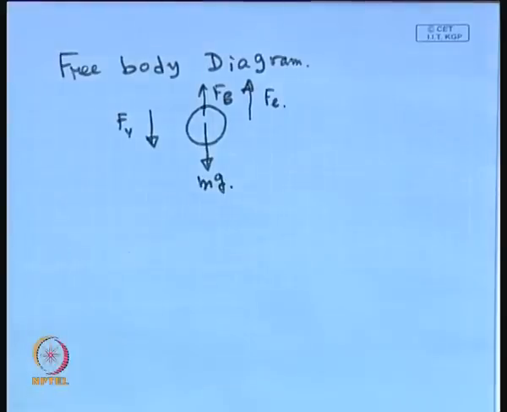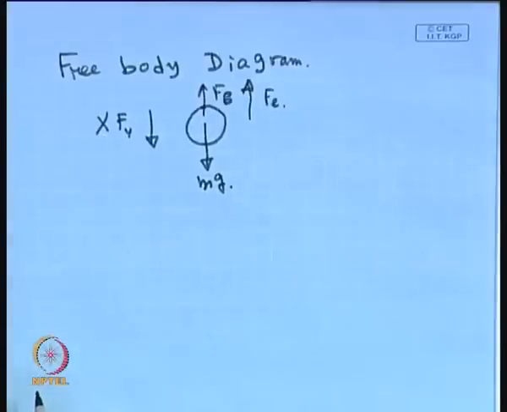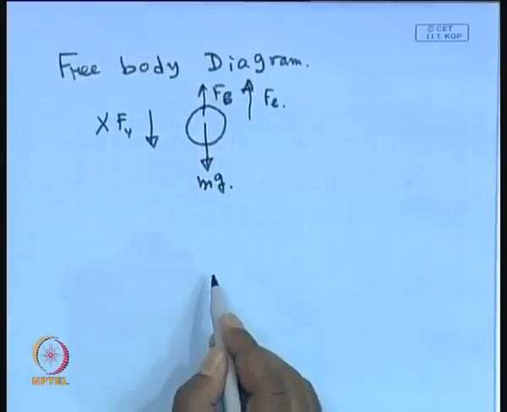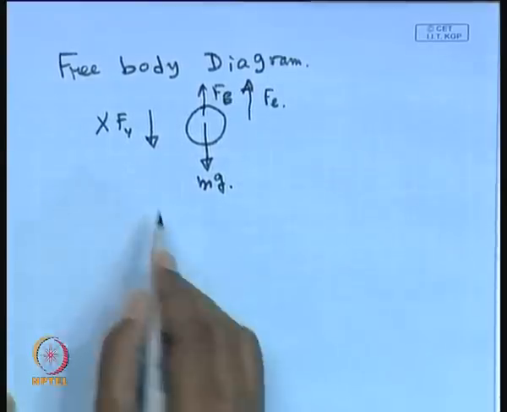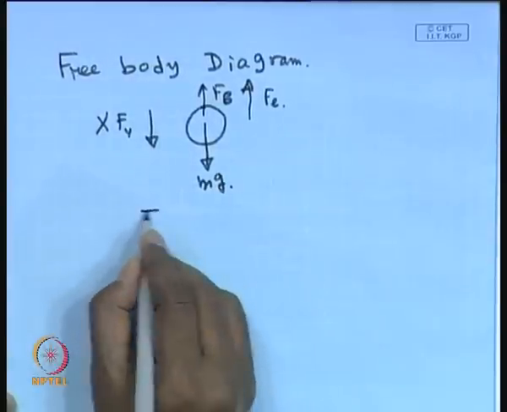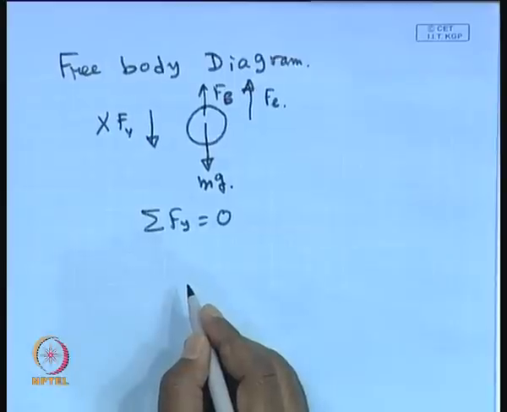Now, initially the particle was at rest. So, when we calculate the minimum field strength, the particle is not in motion, so the drag force does not exist. Only the 3 forces will exist when the particle is at rest. Once you identify the forces, the summation of all these forces will be equal to 0 when the particle is at rest. There is no motion, there is no acceleration.